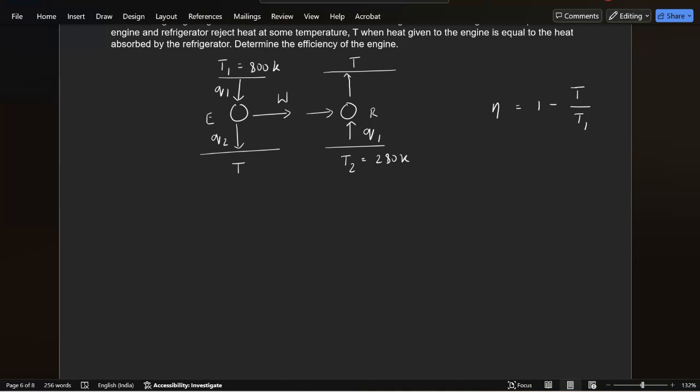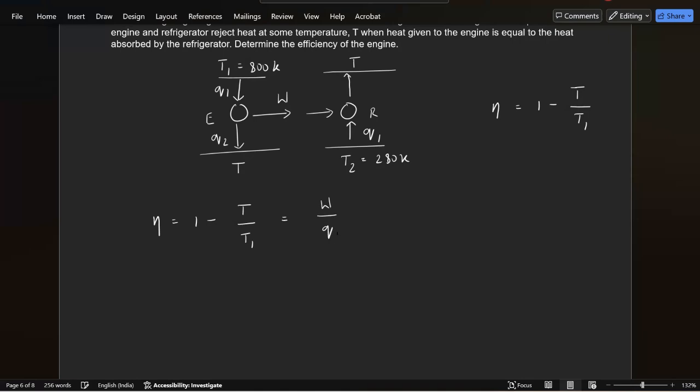Okay. So now let's see, since work is the same, this work done by the engine is taken up by the refrigerator. So we'll equate the work. First, let's find the work done. Eta, which is equal to 1 minus T by T1, is also equal to what? Work done by the heat input.